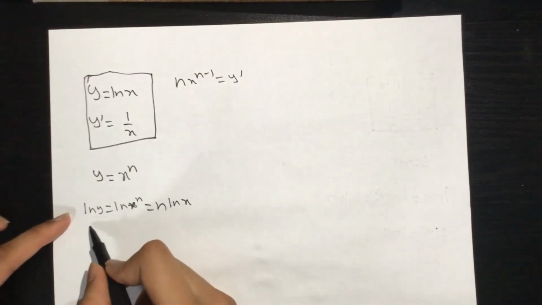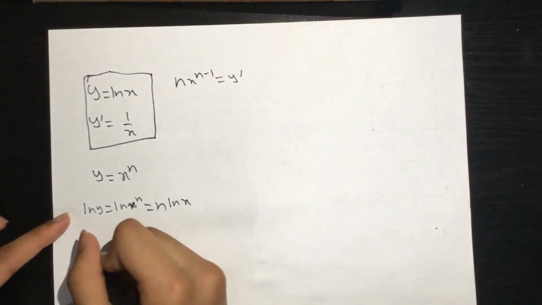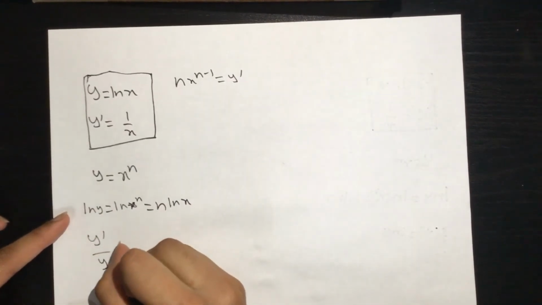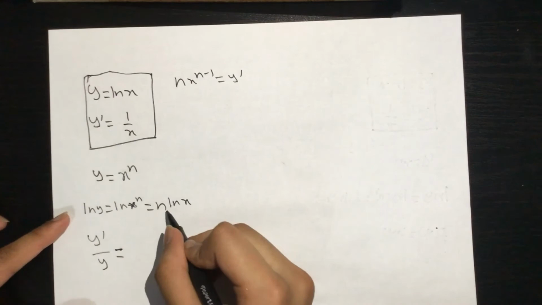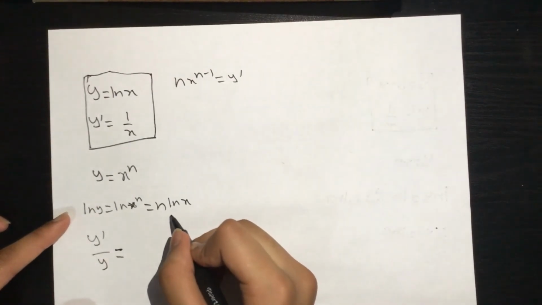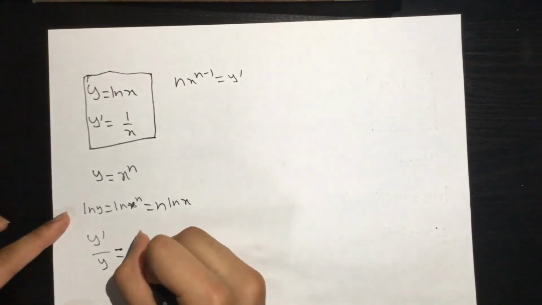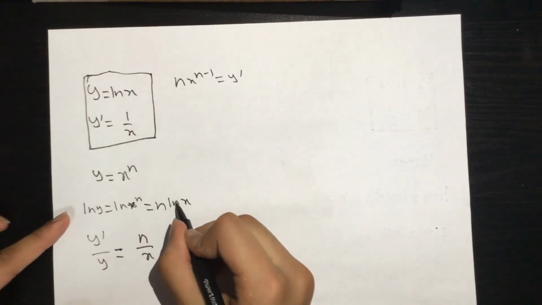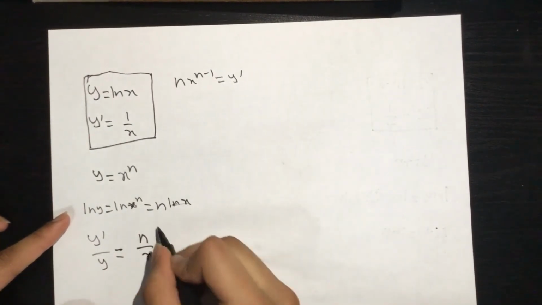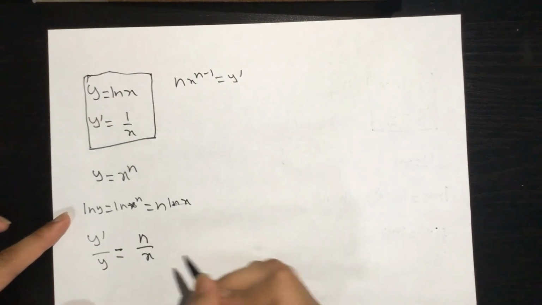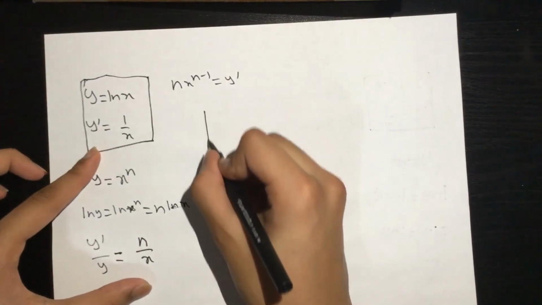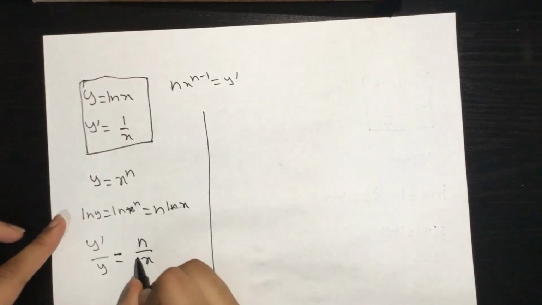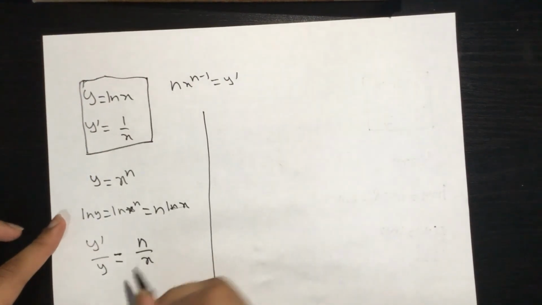So on the left side, we just have a case of chain rule. We get y prime over y, and this is equal to the derivative of the right side, where we get n over x, because the derivative of ln x is just 1 over x. So n times 1 over x is n over x. Now that we have y prime over y equals n over x, we can multiply both sides by y.